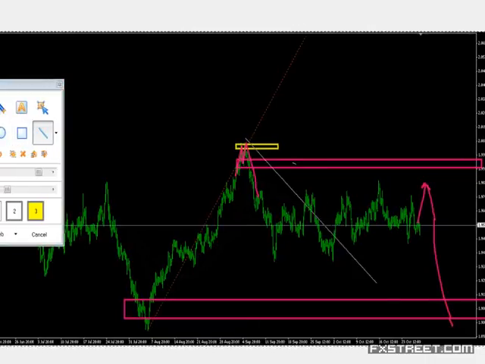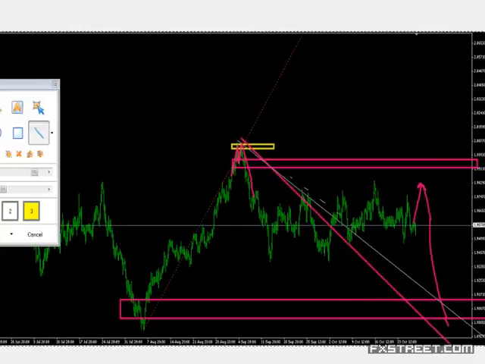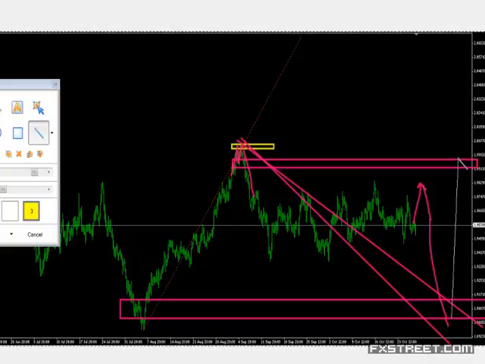But I do have an expectation that she's going to break down, and we're going to be looking at the price hitting the lower 90s. Once she's made those lower 90s, then she will break up, and it'll be back up towards the 2 handle, and possibly even through it. Right.